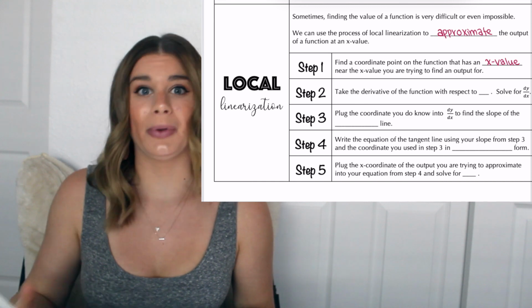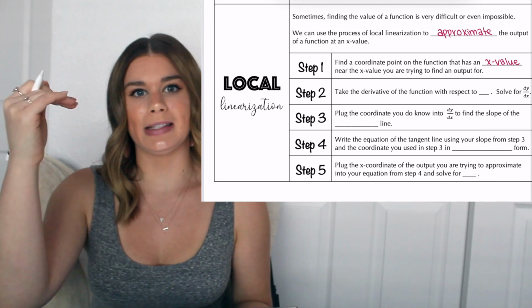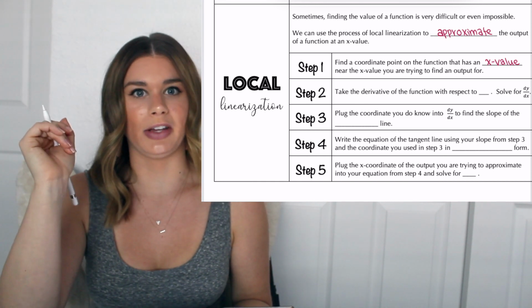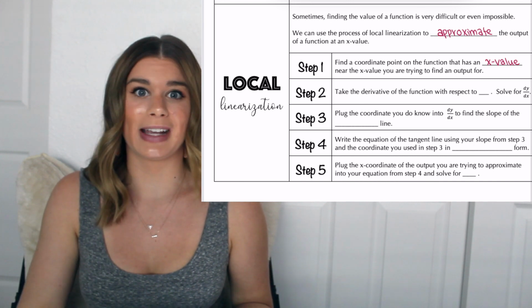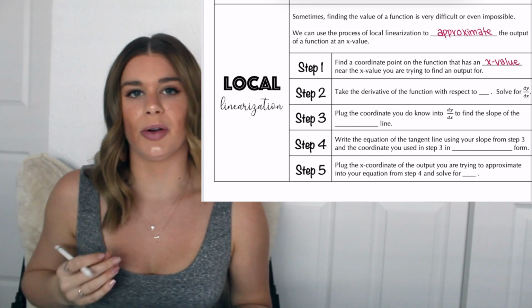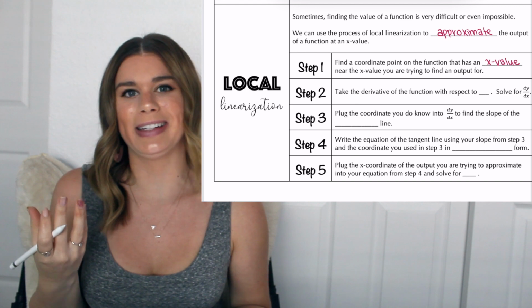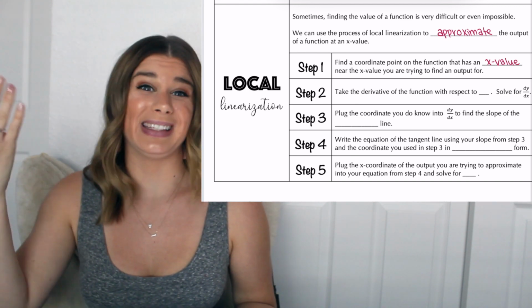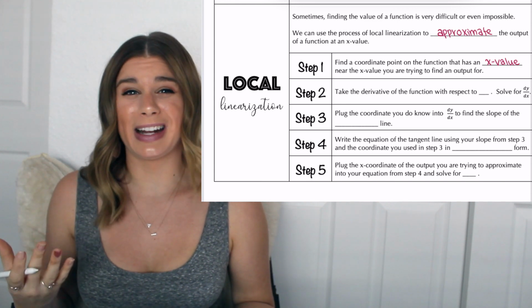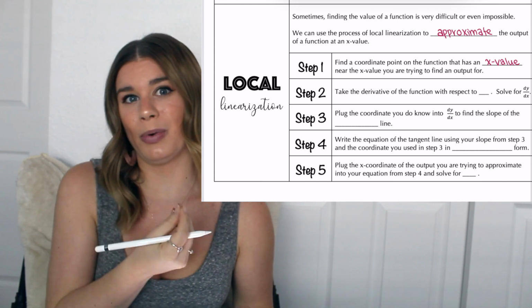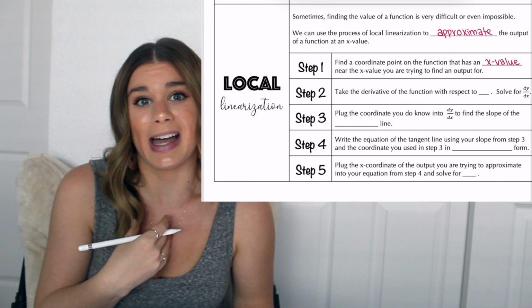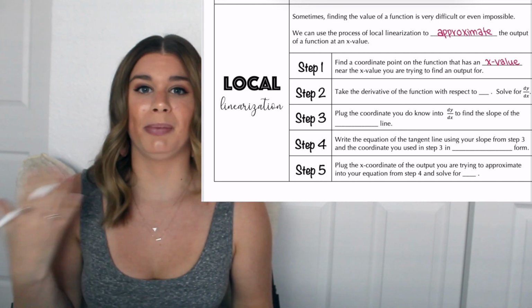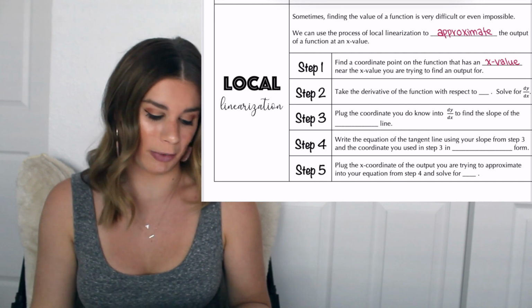So for example, in our example problem, we had 0 for our first x value and 0.1 for our second. Very close, right? So the output at 0.1 shouldn't be too drastically different from the output at 0. So that way we can actually use that point or a tangent line at that point to come up with an approximation for the other point.